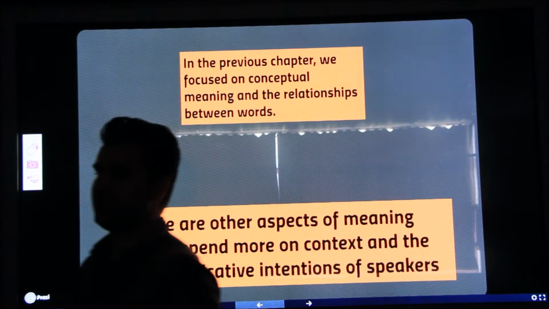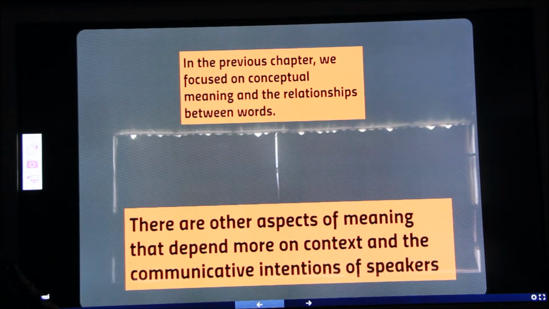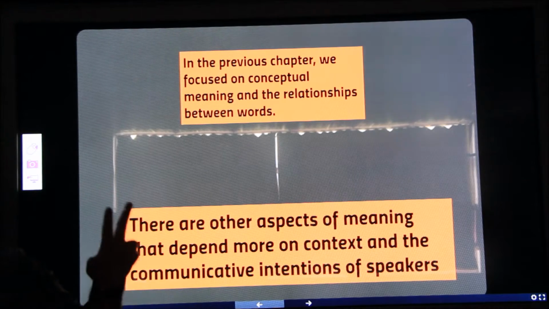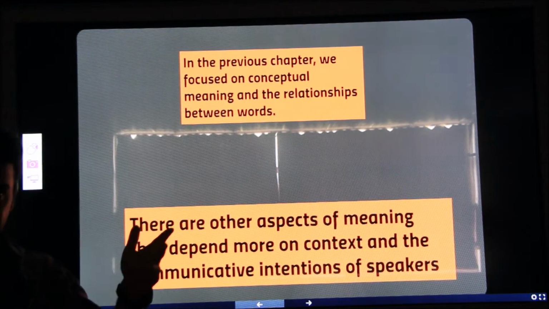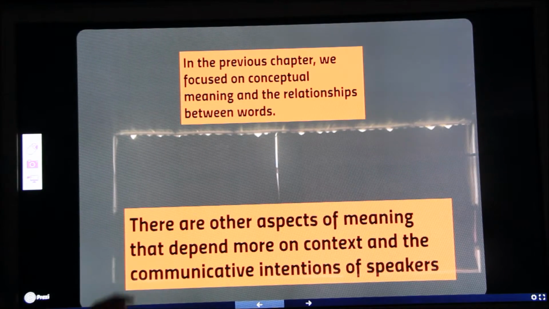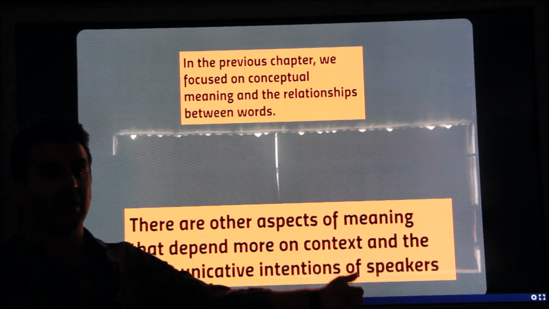In the previous chapter, remember, we talked about semantics. We focused on conceptual meaning and the relationships between words, in terms of different aspects. There are other aspects of meaning that depend on more context and the communicative intentions of speakers.